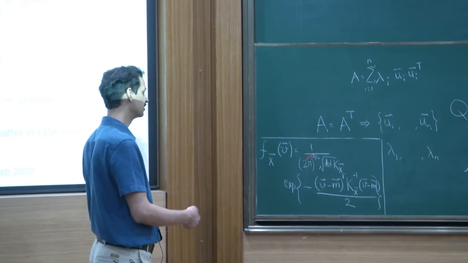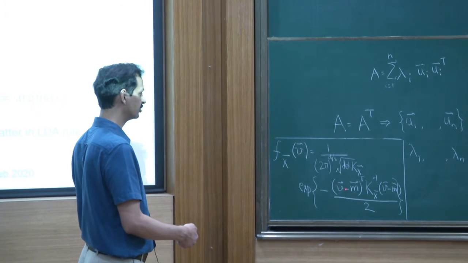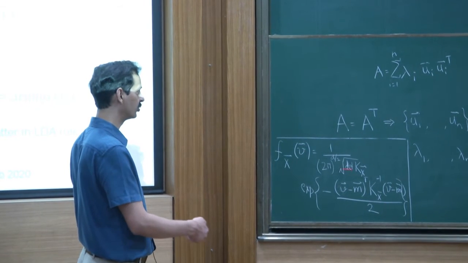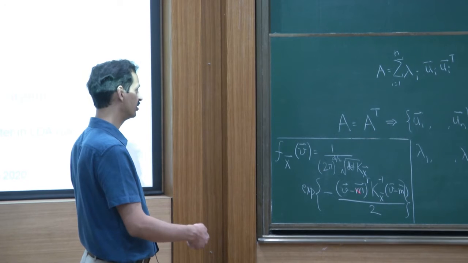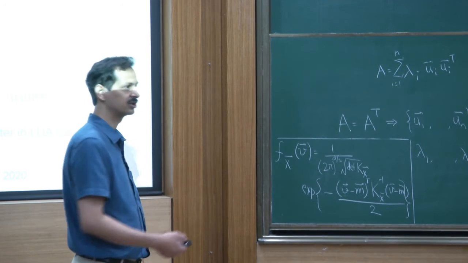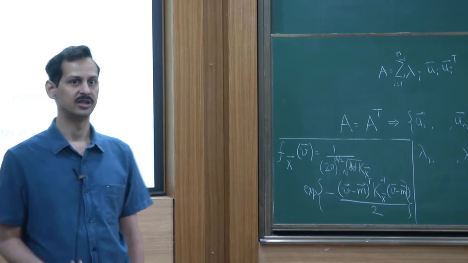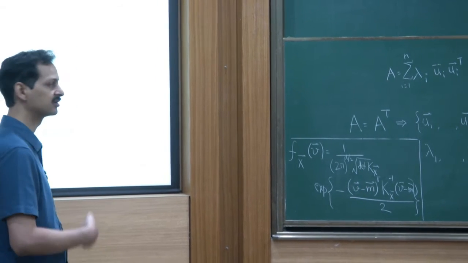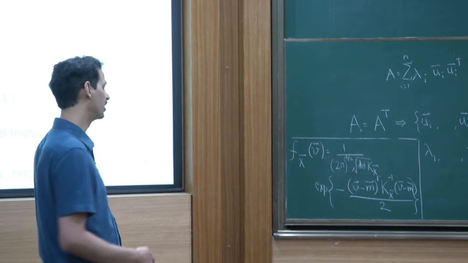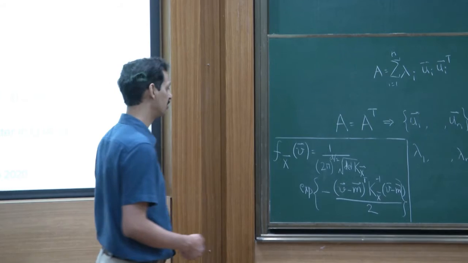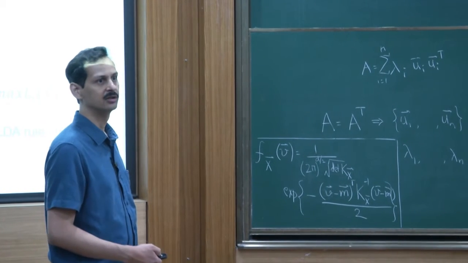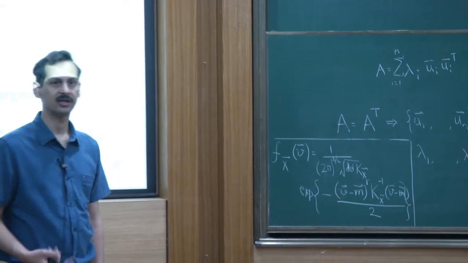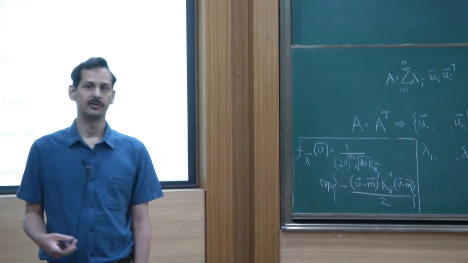On the other hand, if v vector was equal to m vector, then this whole exponent is equal to 0, and that tells me that this vector has some realizability. If v vector is really far out, much away from this mean vector m, then for a Gaussian we know that those vectors are less likely to realize, right?